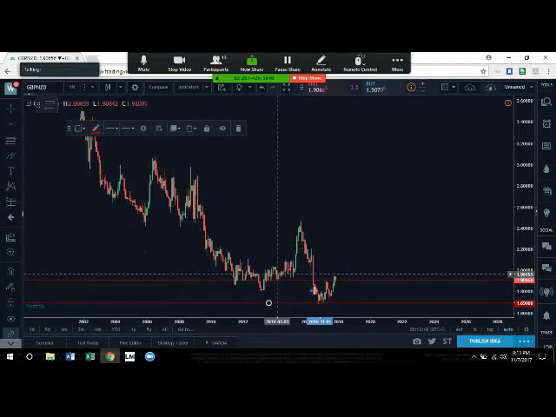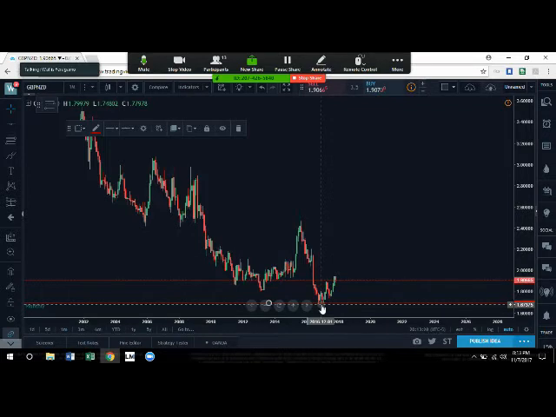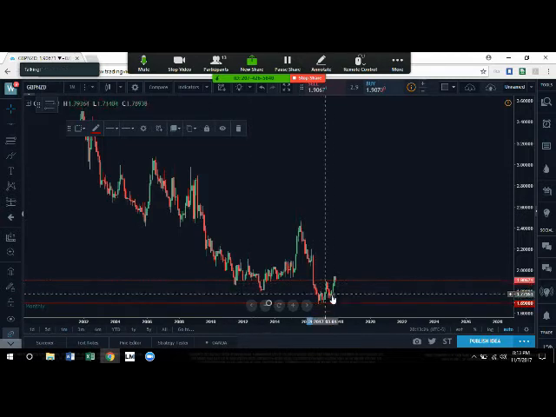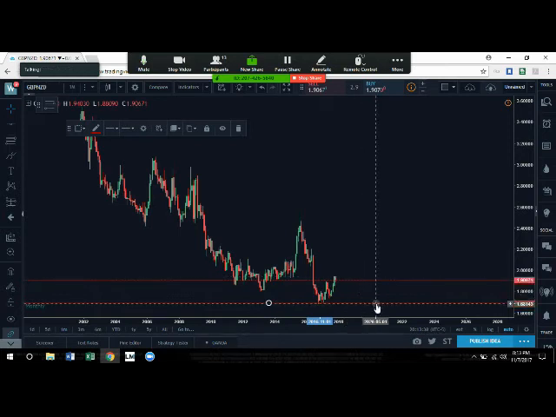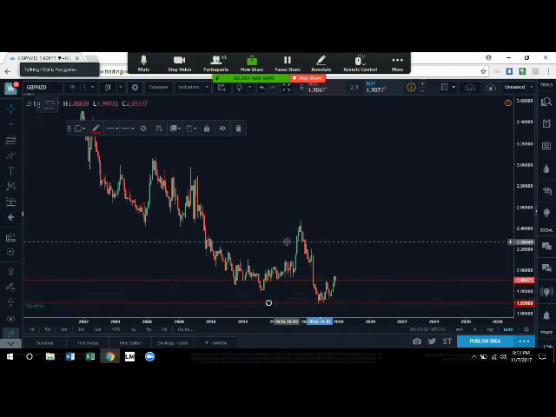From this low right here, I'm going to add 10 cents, which puts me at $1.79. On this one, though, I'm going to do a 2,000 pip range, because it moves a heavy amount on average. So from $1.69, I'm going to $1.89 on my next line.